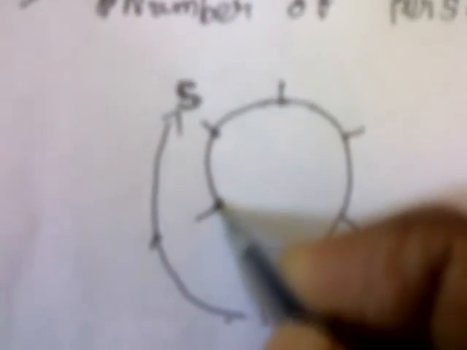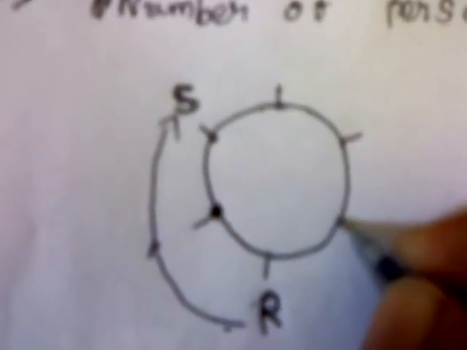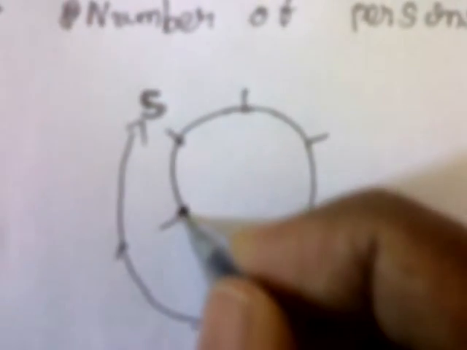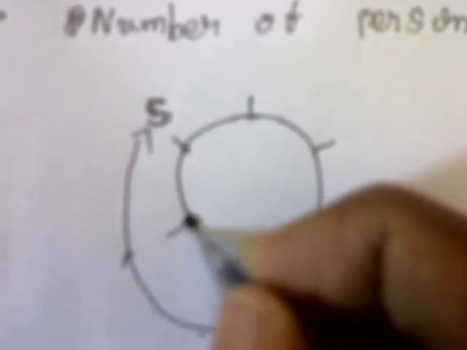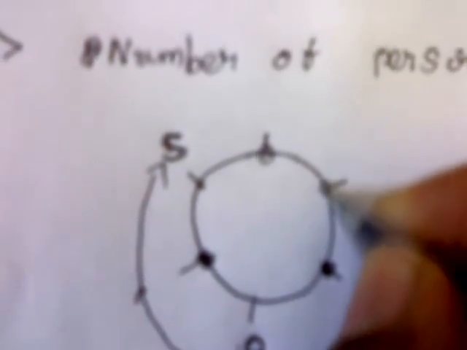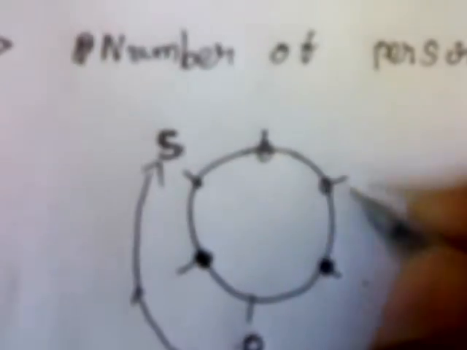The condition says P is not an immediate neighbor of R. Now if we look at our circle, the immediate neighbors of R are this one and this one, and the condition says P is not an immediate neighbor of R, which means P cannot be here and here. It means P will be here or here, but we are not certain where it could be.